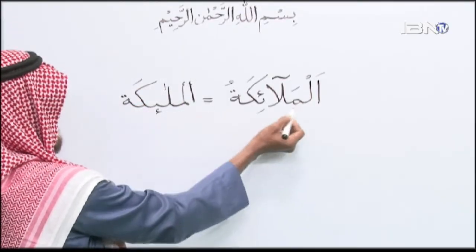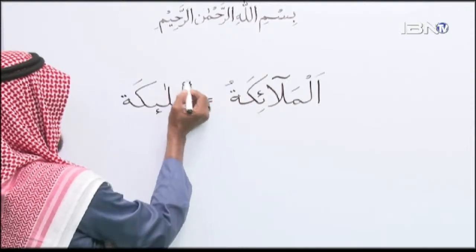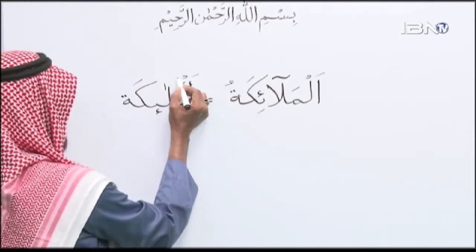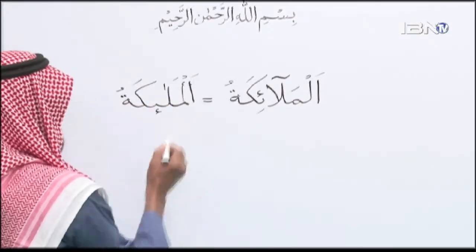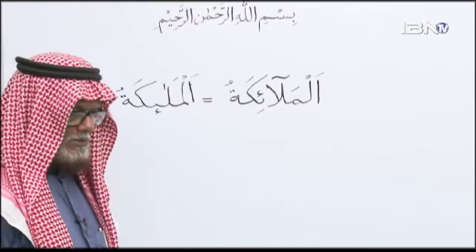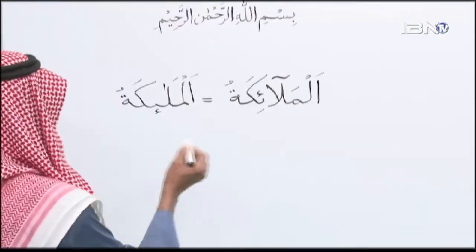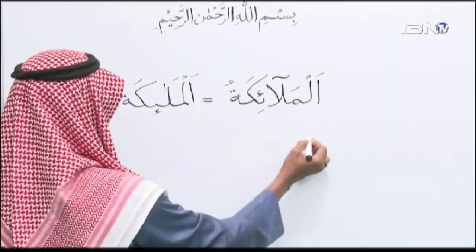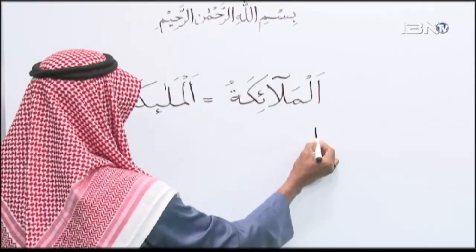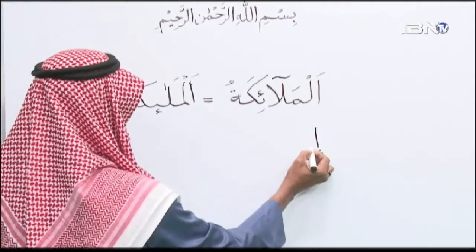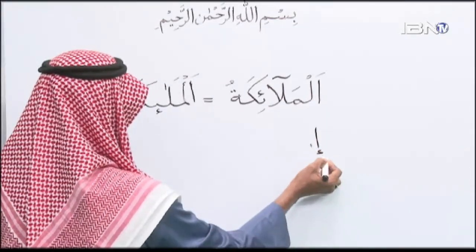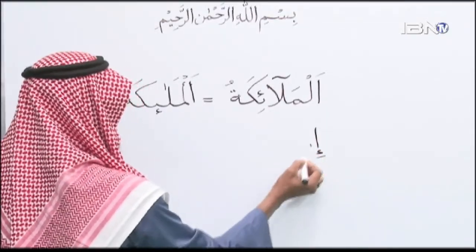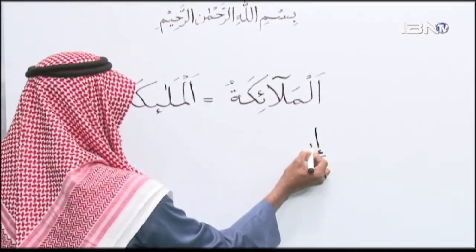So, al-malaikatu is the same thing here. Al-malaikatu. Okay? So that's another example of how it is written in the Quran. Let's look at another example. You have Alif kasra is E. But if you want Ee, we add a Ya.